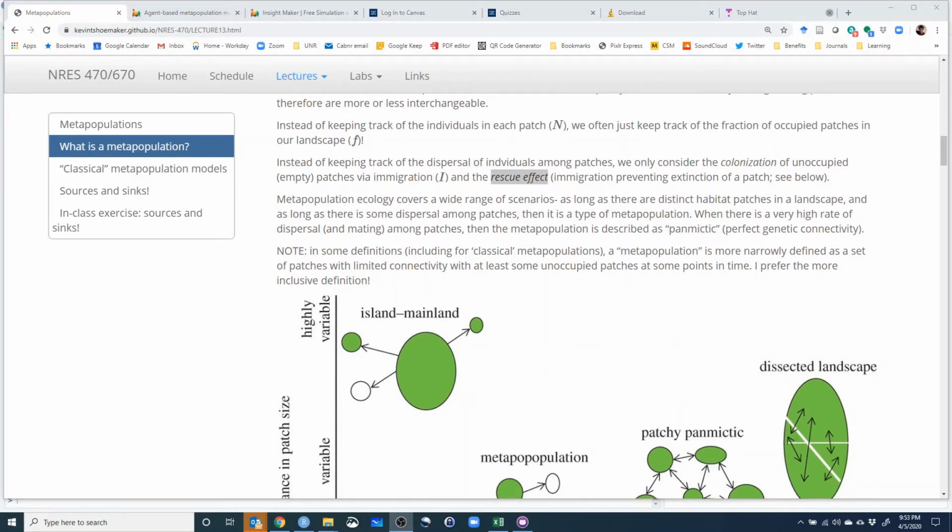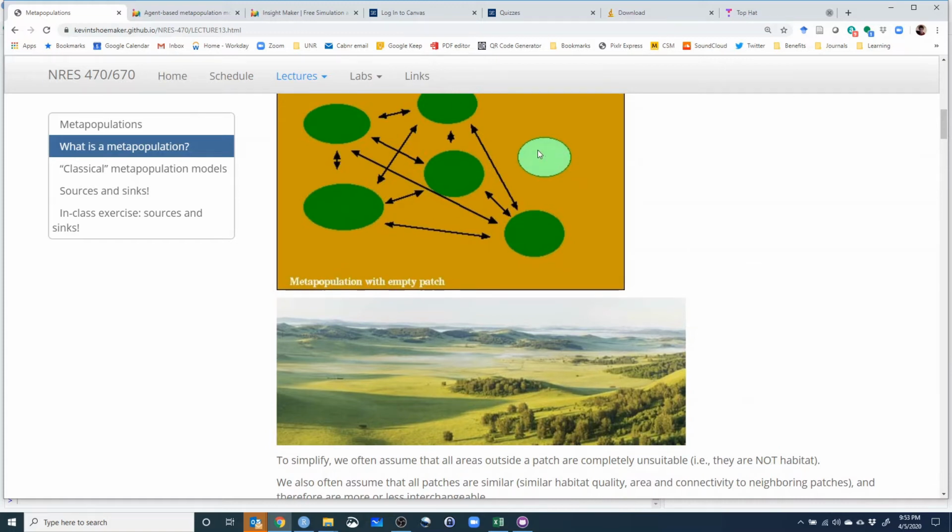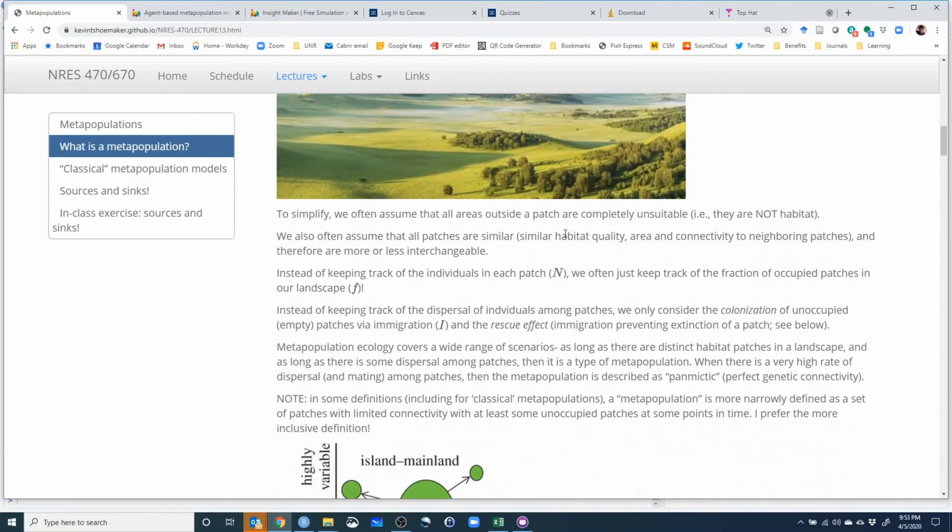Instead of keeping track of the dispersal of individuals among patches, all we are really thinking about here is the colonization of unoccupied or empty patches. And obviously the process that's causing a patch to go from unoccupied to occupied is immigration.